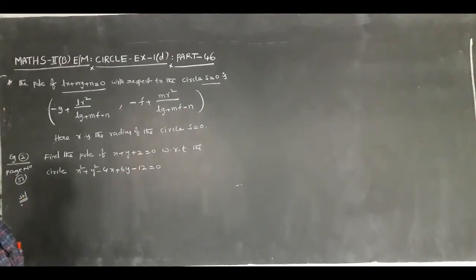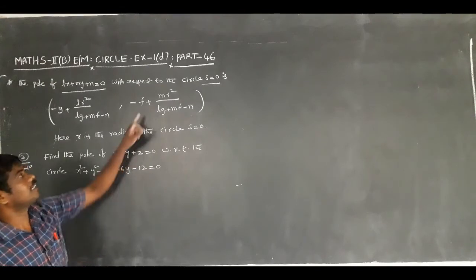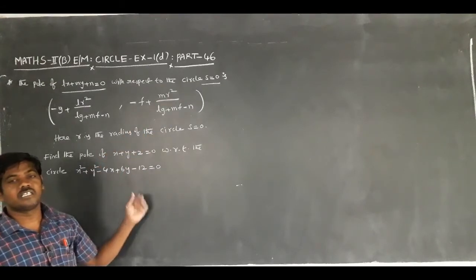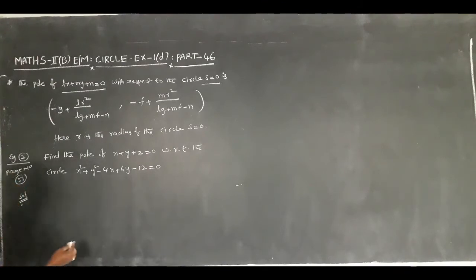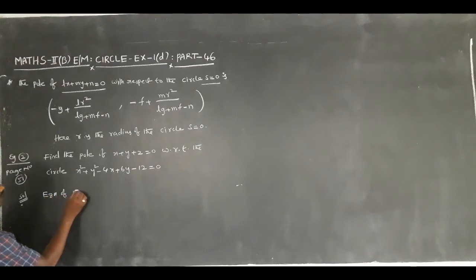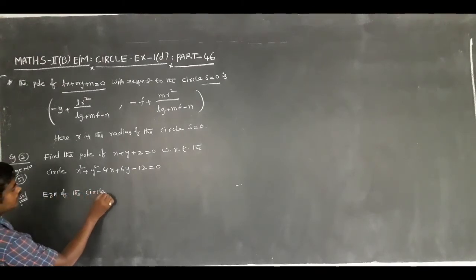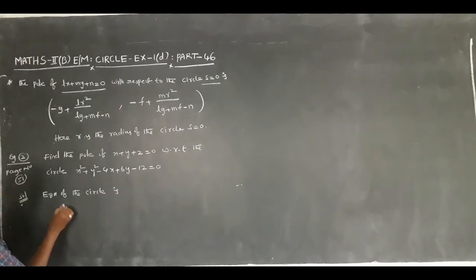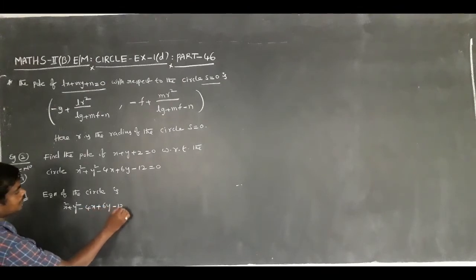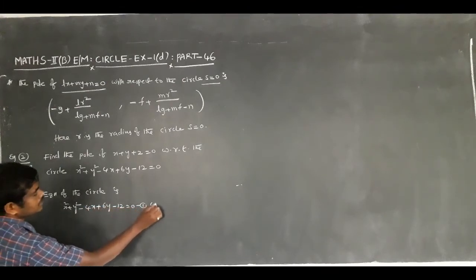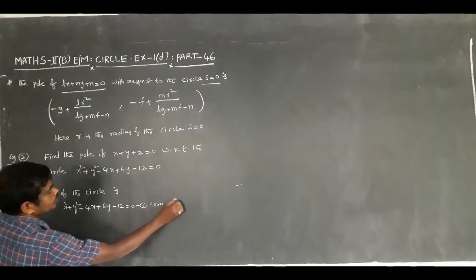First of all, find the radius of the circle S equals 0. The given equation of the circle is x square plus y square minus 4x plus 6y minus 12 equals 0.